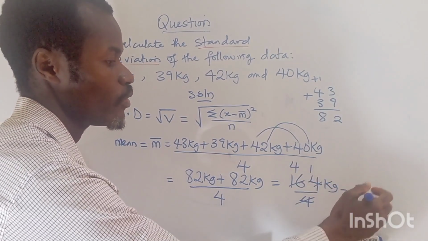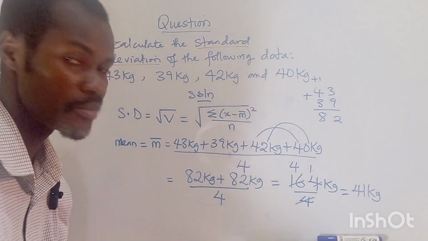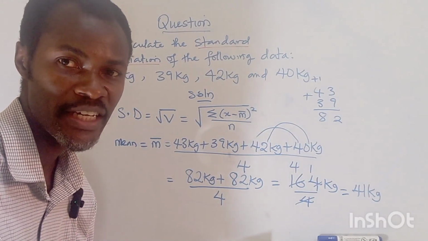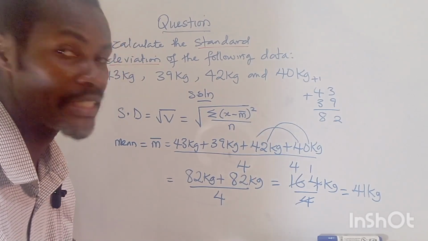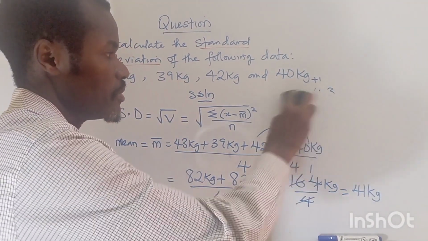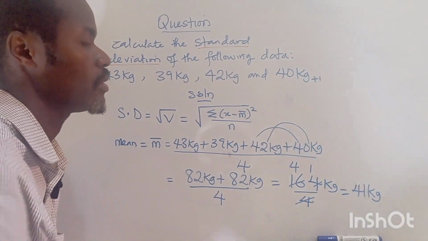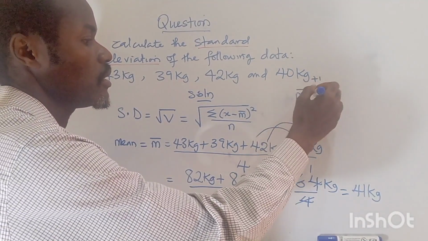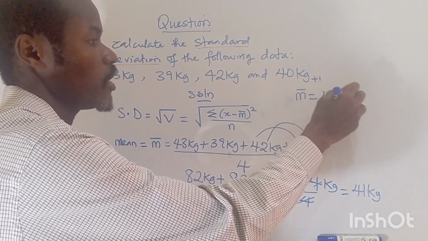So we have 41 kg. All right, so we have been able to solve for the mean. Remember our mean is 41 kg.